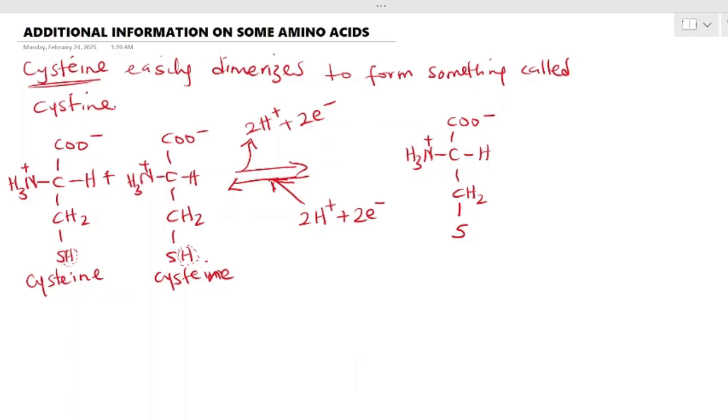So when these 2 hydrogen atoms are removed, you have this S and this S joining together.